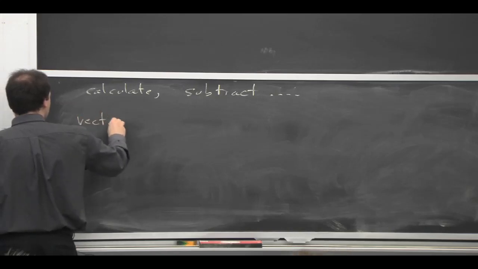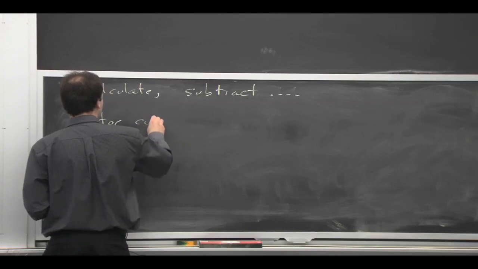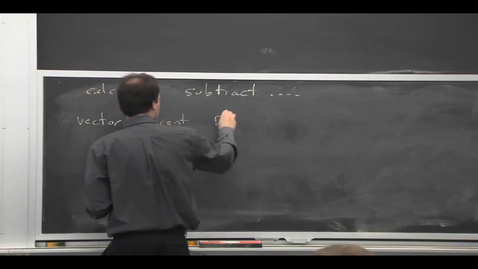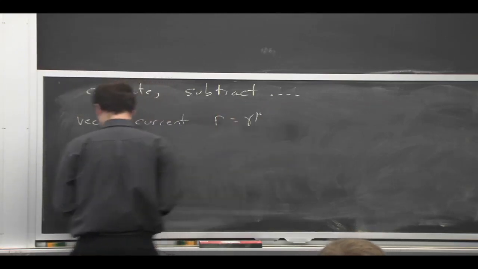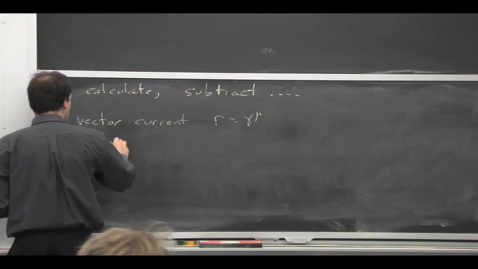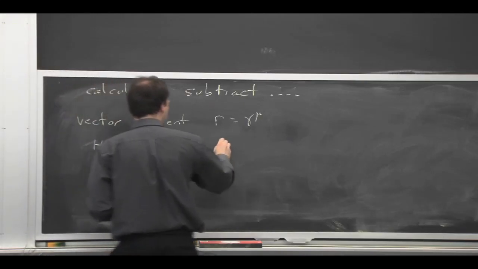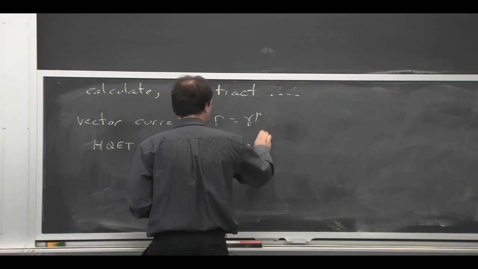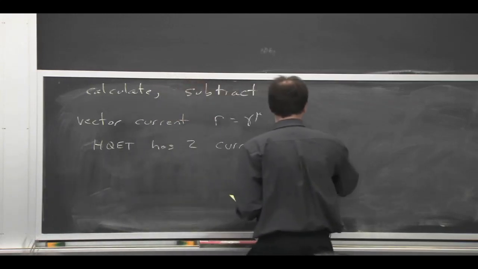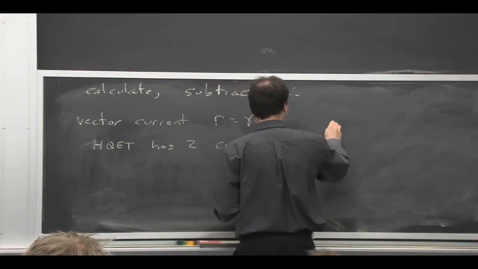What you find when you do that is that there's actually two currents. If you consider a vector current, where gamma is gamma mu, then the effective field theory, which is HQET, has two effective theory currents that are vector. So you have C1 and C2.